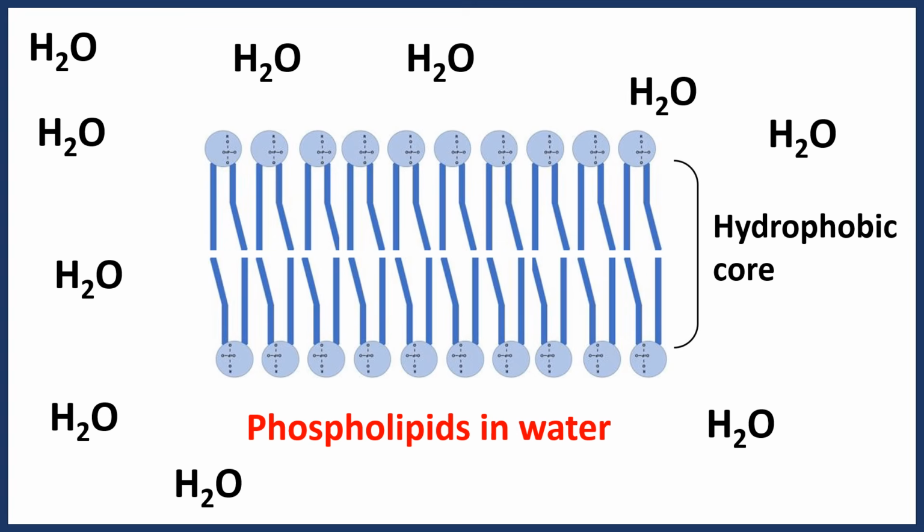The phospholipid bilayer also provides fluidity to the membrane, allowing proteins and other molecules to move within the membrane, which is essential for cell signaling, transport, and communication. The structure of phospholipids allows the cell to maintain its integrity in an aqueous environment, while also enabling the transport of nutrients, waste, and signals in and out of the cell. This is why phospholipids are considered one of the most essential molecules for life.